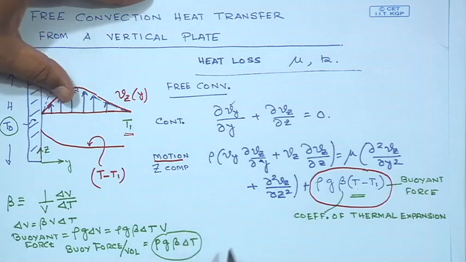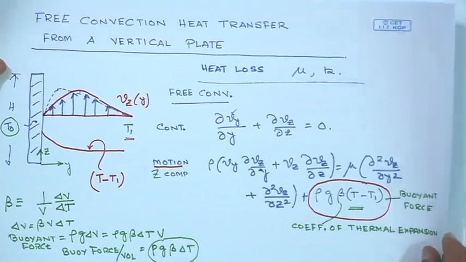So, fundamentally I am not doing anything new, I am simply substituting the expression of the buoyant force as the body force term in the equation of motion. So, now with this equation of motion in place, I think we are in a position to write the equation of energy as well.